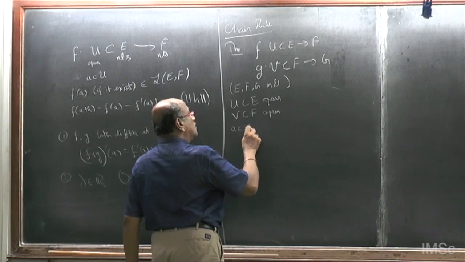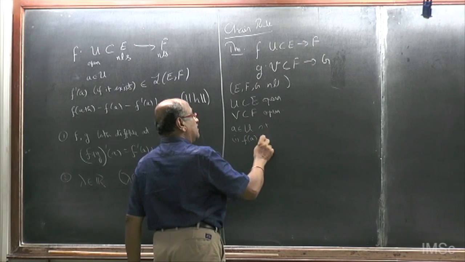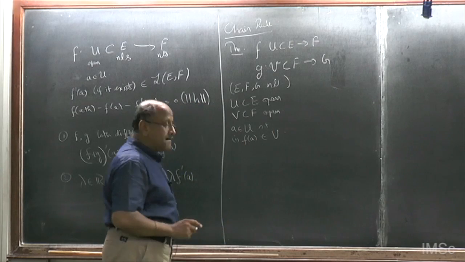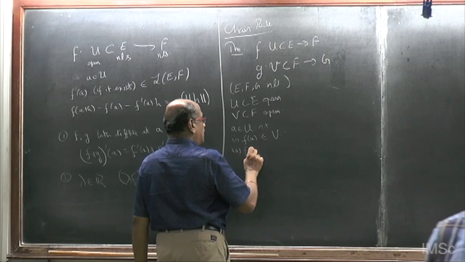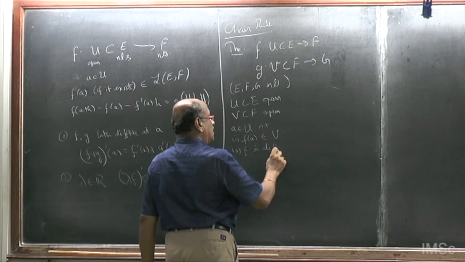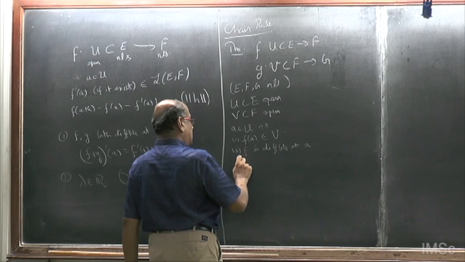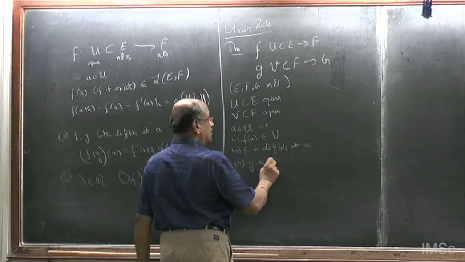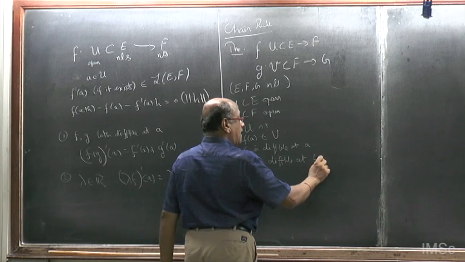A is in U such that, one, f(A) belongs to V, and two, f is differentiable at A, and three, g is differentiable at f(A).